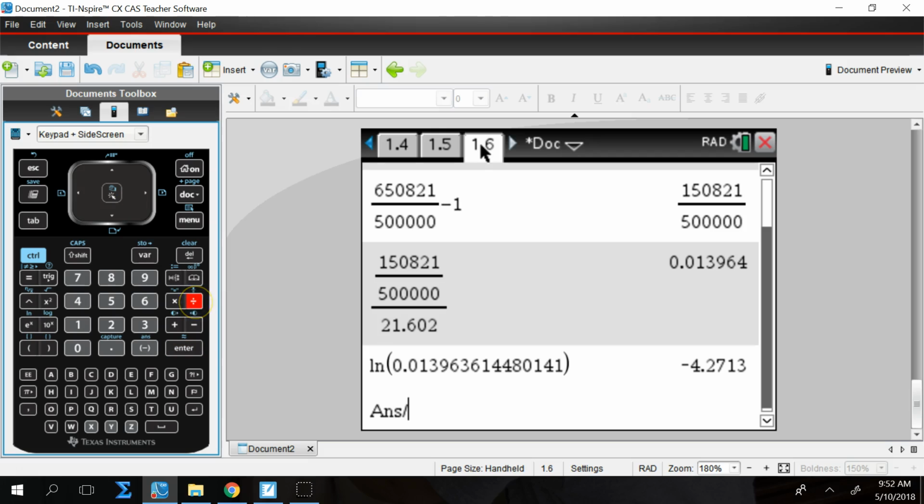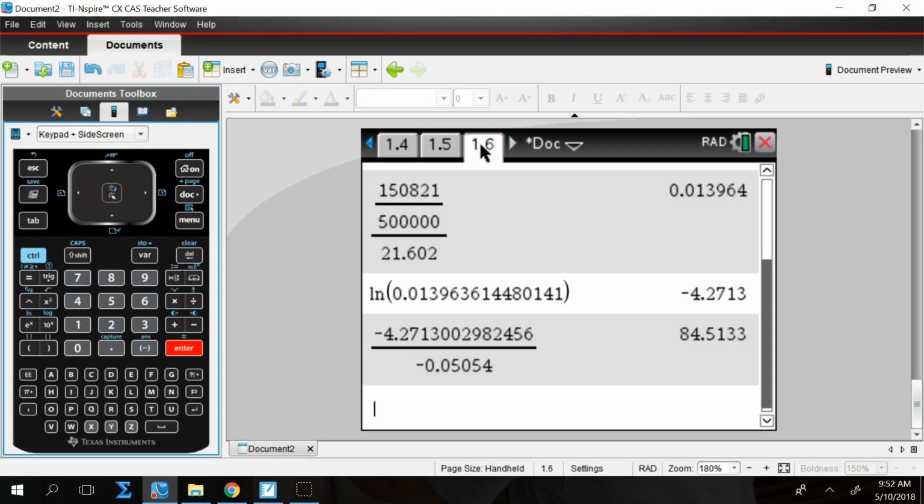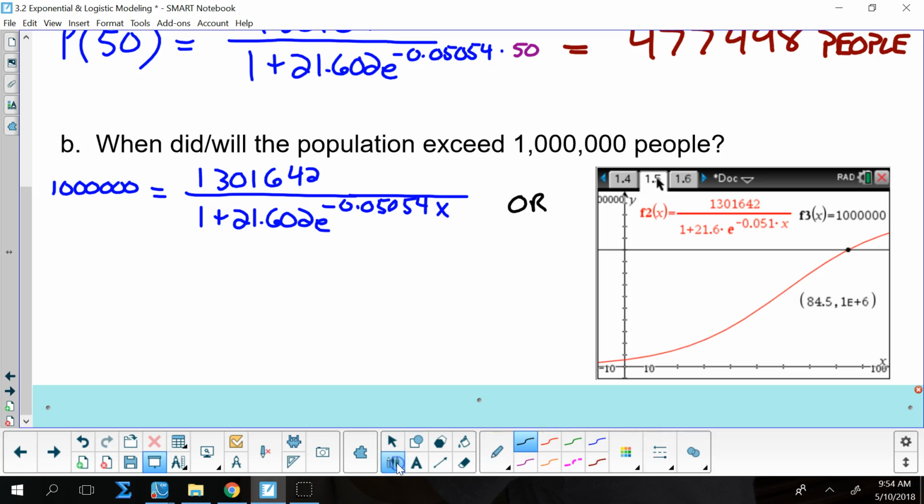And then I divide that by negative 0.05054. Gets me that. Okay? So either way, we should have gone with 84.5 years. So 84.5 years, so that would be sometime in June of 1984. Right? Okay. All right.